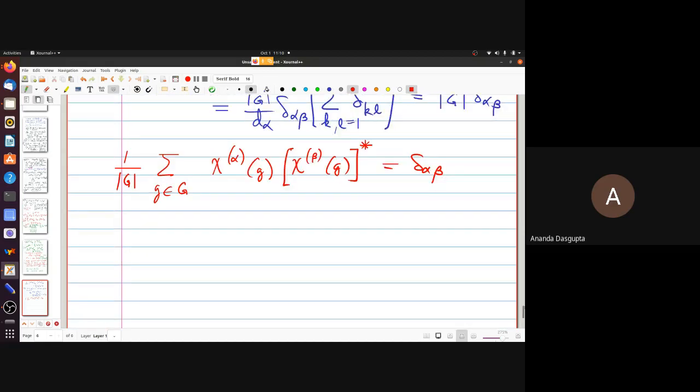I'm now going to claim something rather drastic. I'm going to claim that this is true not only for the unitary representations, it's true for all irreps. Of course, anything I say here is for irreps, but I'm claiming that this is true for all irreps. Can you see why?